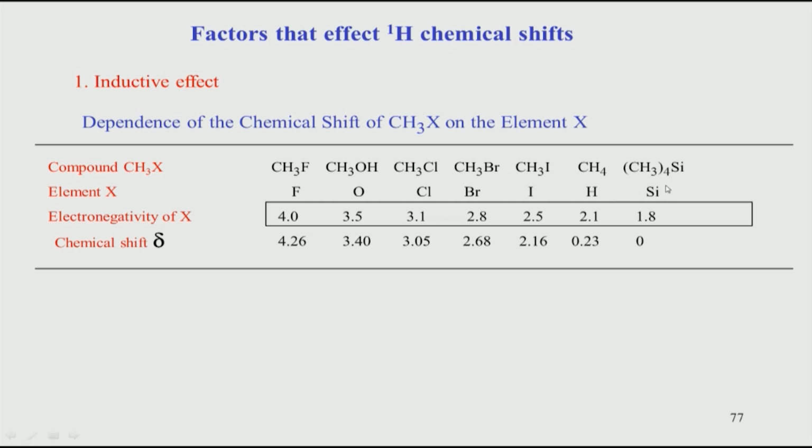Also, it has a very strong signal. It has 3 into 4, that is 12, hydrogens, because all the CH3 groups are equivalent. We will look at equivalence later. So, the point here is that tetramethylsilane is ideally suited as a reference. The hydrogen atoms come at a very upfield shifted chemical shift, and at the same time it is an inert compound.